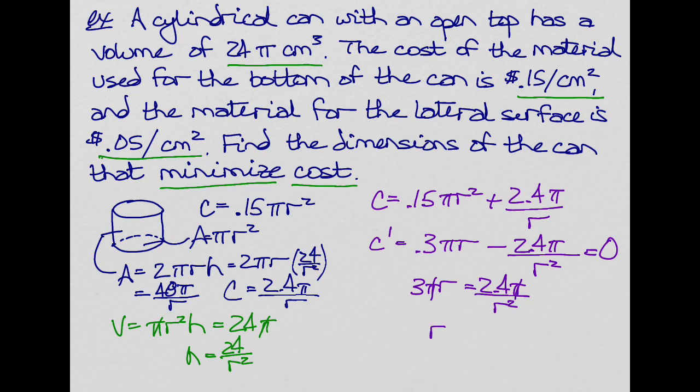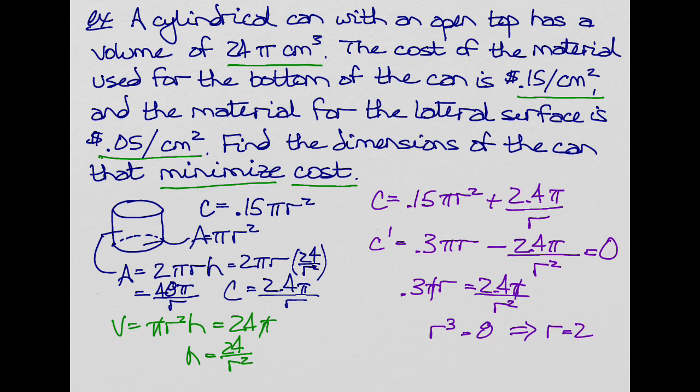And I get r cubed equals 8, because 2.4 divided by 3. Oh, sorry, 2.4 divided by 0.3. I was going to say 2.4 divided by 3 is not 8. It isn't. But 2.4 divided by 0.3 is 8. So I get a radius of 2.